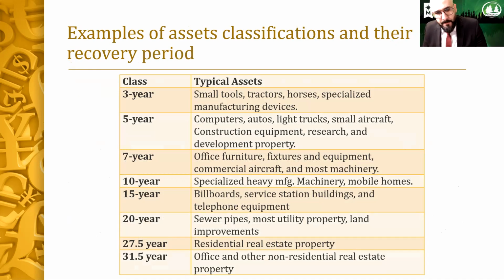Computers, autos, light trucks, small aircraft, construction equipment, and research and development property have a 5-year recovery period. Office furniture, fixtures and equipment, commercial aircraft, and most machinery fit into the 7-year recovery period. So this table will help you identify the recovery period for each asset.